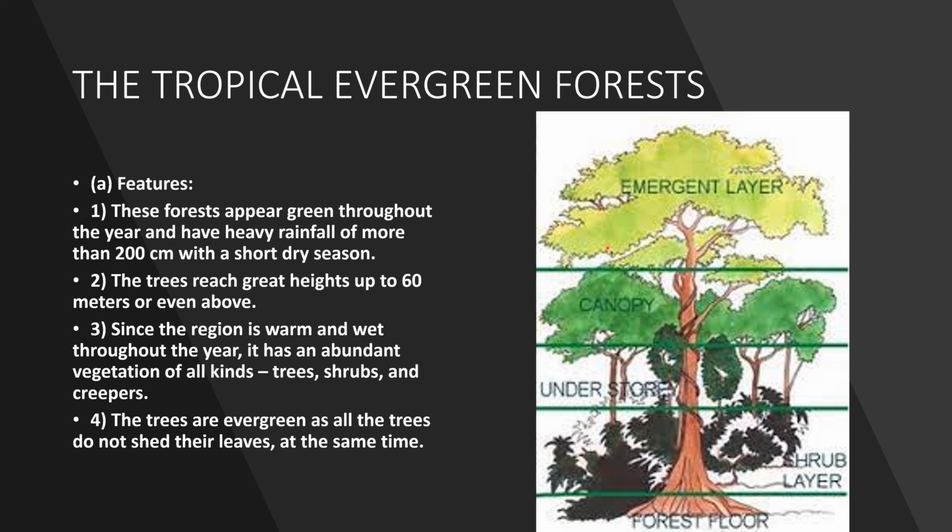The trees reach a very great height, say about 60 meters or sometimes above. Since the region is very warm and wet, it has got an abundance of vegetation of all kinds. Trees, shrubs, creepers, epiphytes, all are dominating the forests.